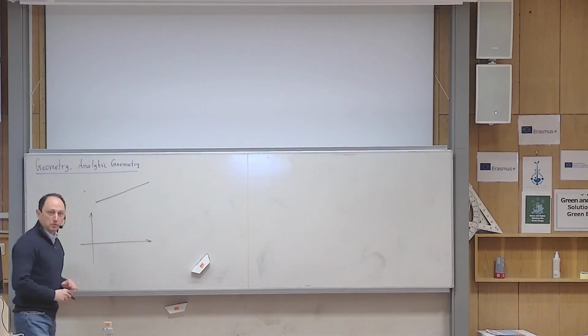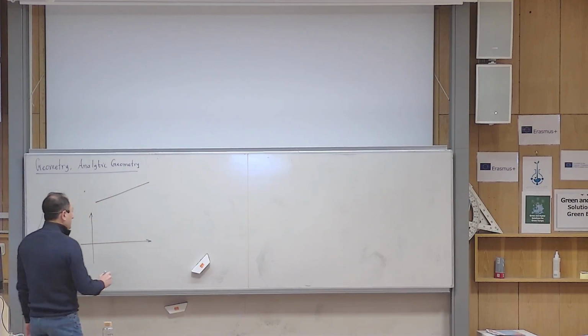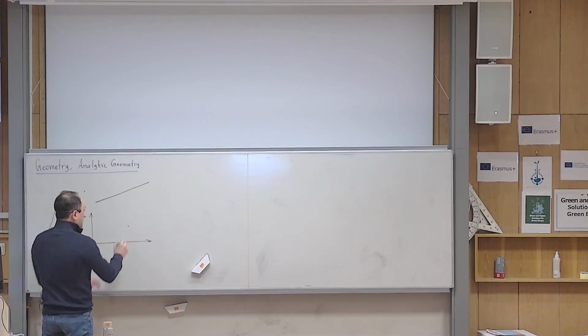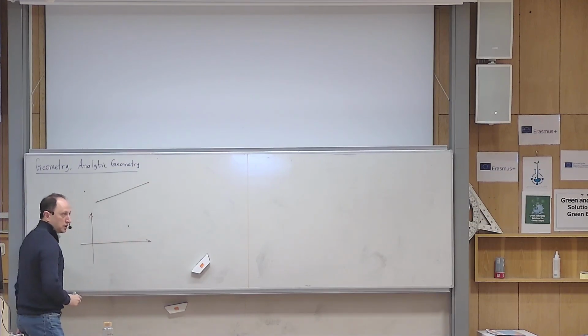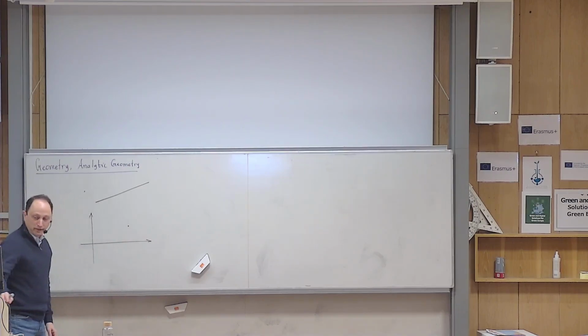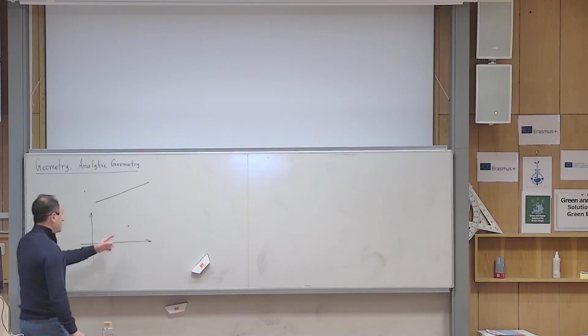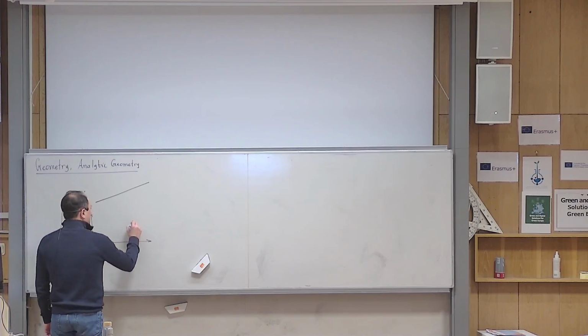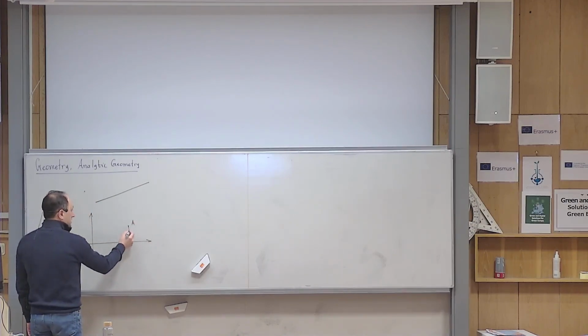A pair of numbers. So for example, if I want to address this point to you, I just give you two numbers, yes? Okay, so A is my point. Let us say that this is 5 units, and let us say this is 3 units.